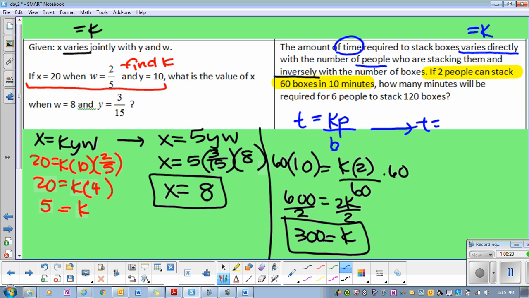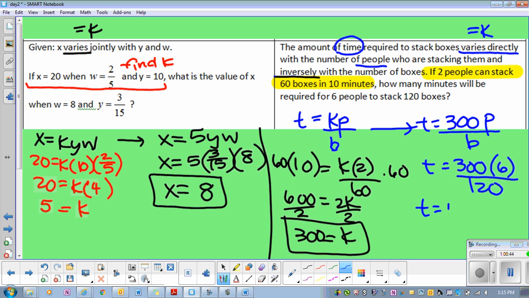T equals 300P over B. So now, how many minutes will be required for 6 people to stack 120 boxes? 15 minutes, only 15 minutes. Goodness, they are fast. There we go.